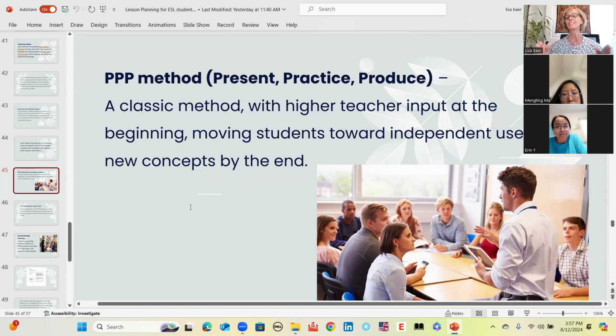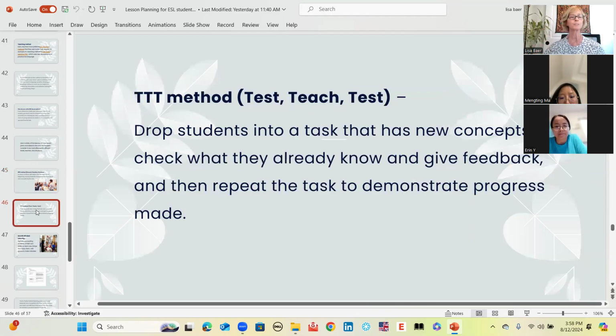The teacher needs to teach the skill or whatever, the topic, the vocabulary, whatever, before they can go off and practice it. And then before they can produce something using it. So this is a system that you can follow, an easy and tried and true and good method.